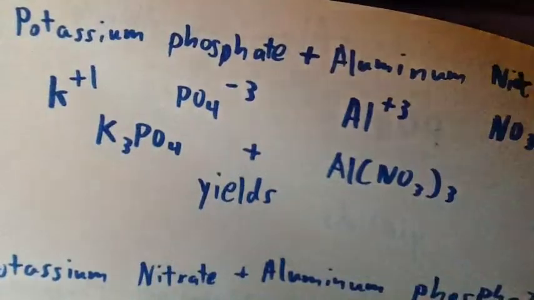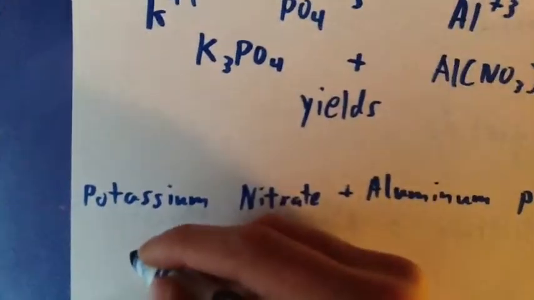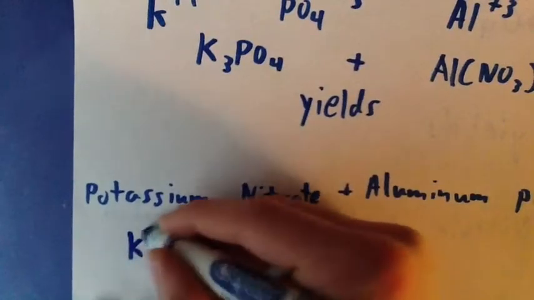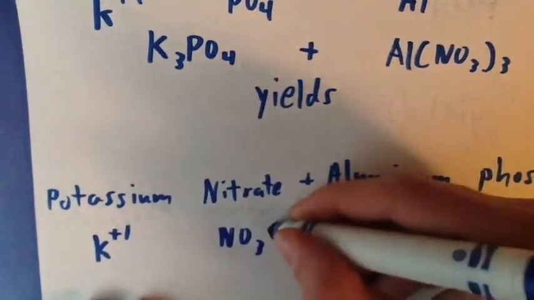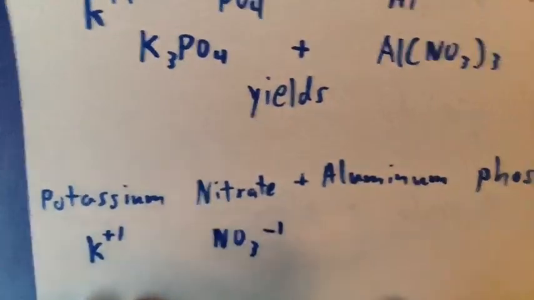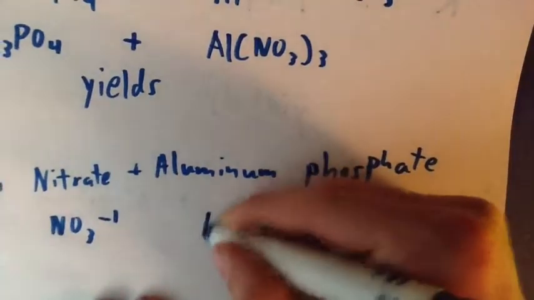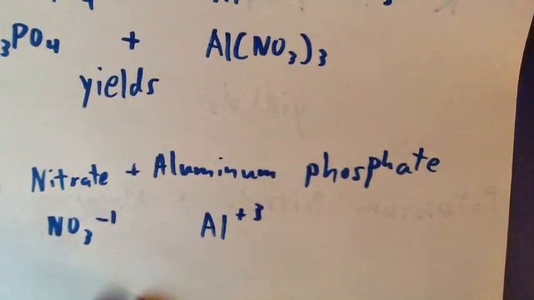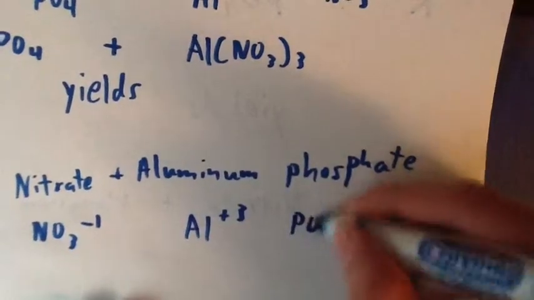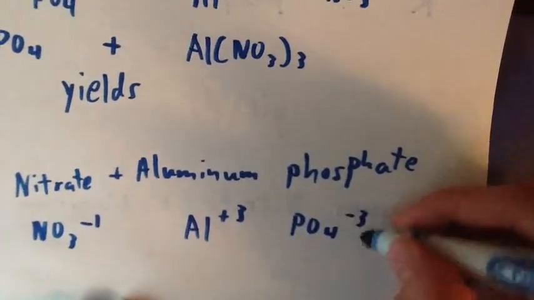Now, moving down to the bottom, potassium nitrate, we already figured out was K +1, and nitrate, which was NO3 minus 1, plus aluminum phosphate, which is Al +3 and PO4 minus 3.